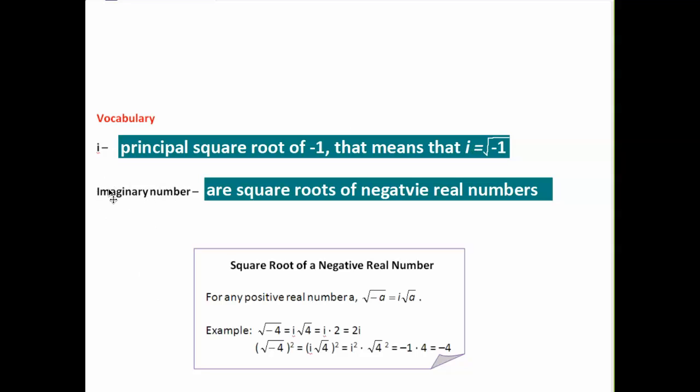We call i the imaginary number system. The imaginary numbers come from the negative square roots of real numbers.